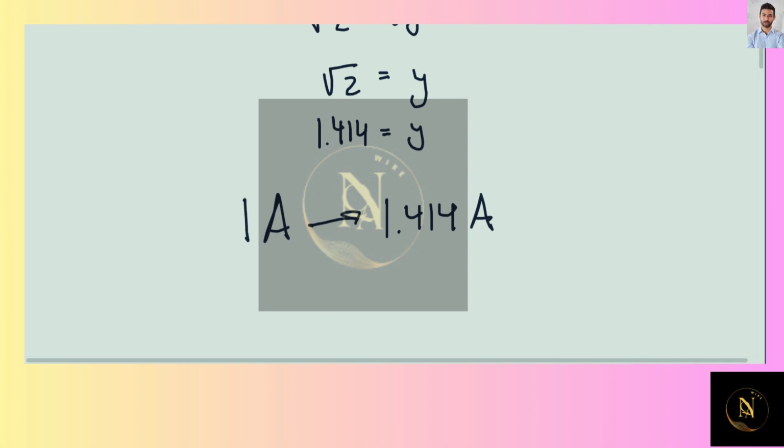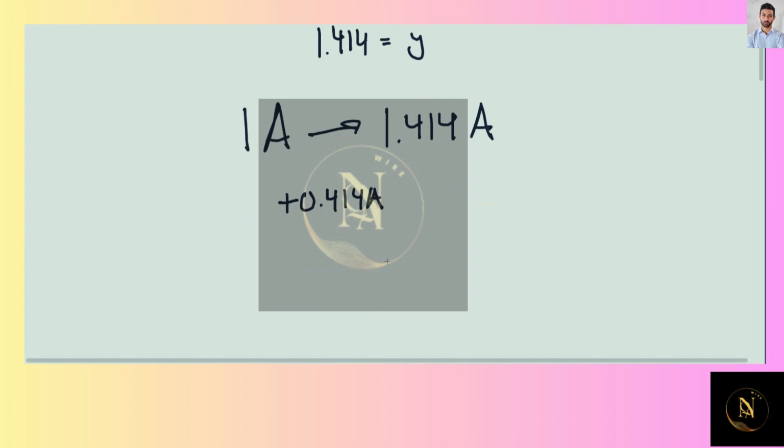We started with 1a, and then we did something, and we've got 1.414 times a. So what that looks like to me is that we added 0.414a. Does that make sense? How we got from the left to the right was that we added 0.414a.